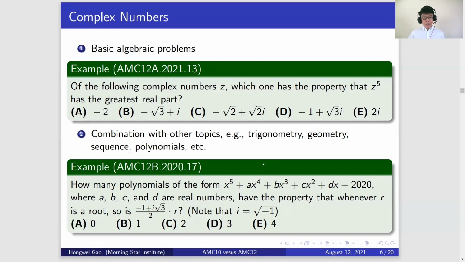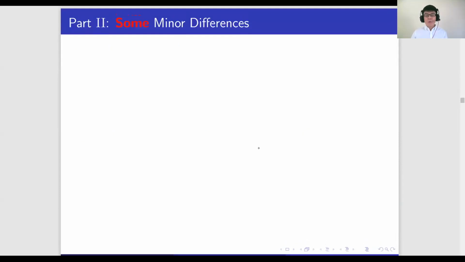So these 3 topics mentioned above, logarithmic functions, trigonometry, and complex numbers, appear only in AMC12 and not in AMC10. Now let's move to part 2, some minor differences. In this part, we consider certain topics that are fully required in AMC12, but just partially required in AMC10.